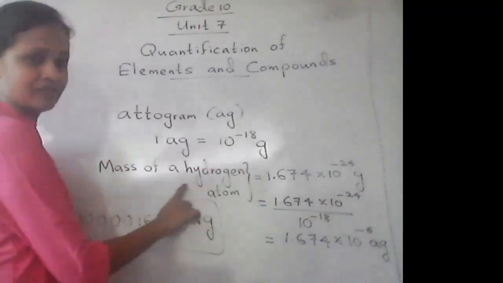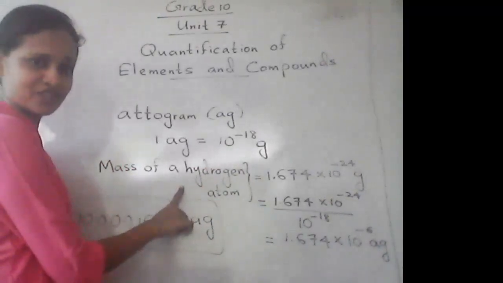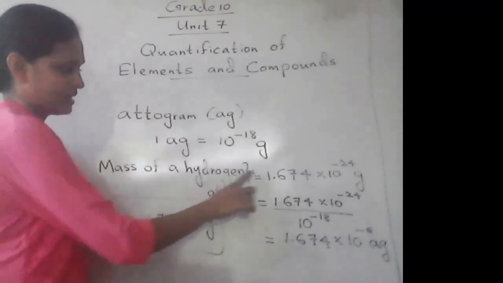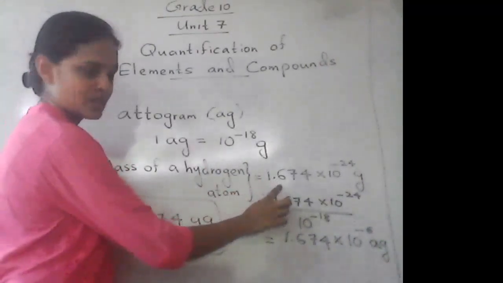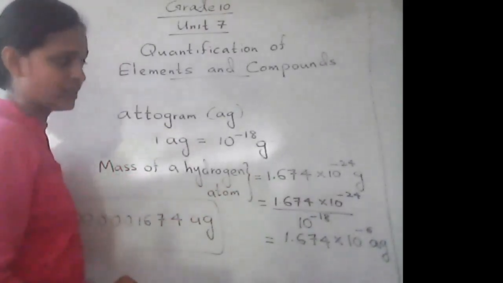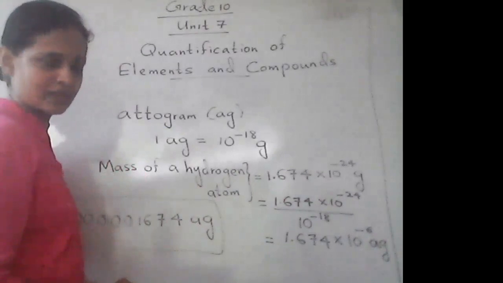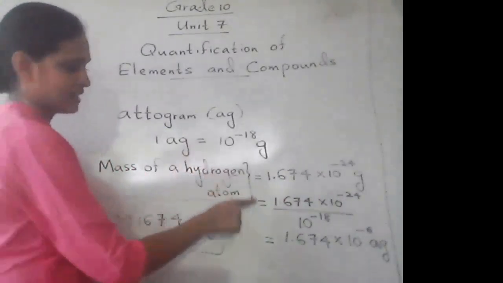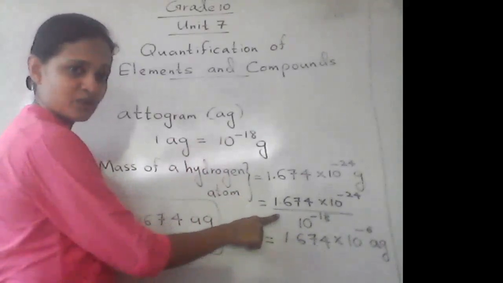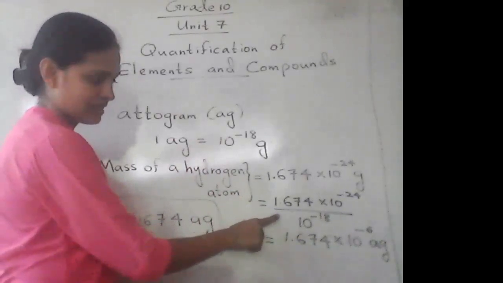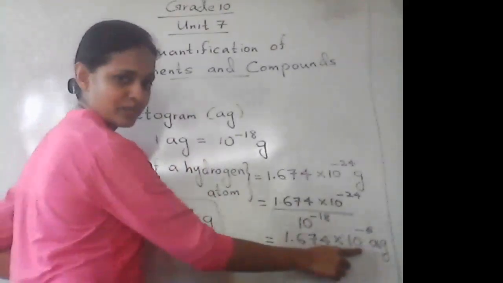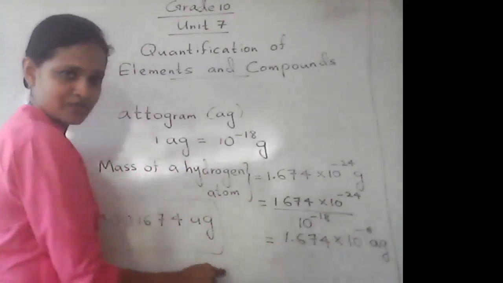Then here I have written the mass of a hydrogen atom. Hydrogen is the lightest atom. So the mass of a hydrogen atom is 1.674 into 10 to the power minus 24 grams. Then if I present the mass of a hydrogen atom by using the smallest unit of measuring mass, it is equal to 1.674 into 10 to the power minus 6 attograms.